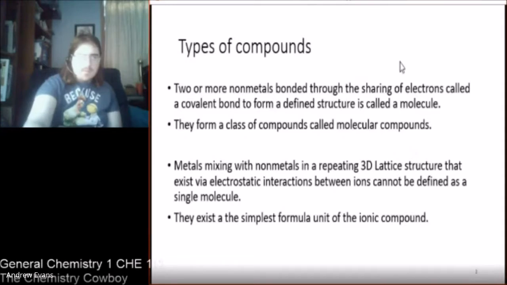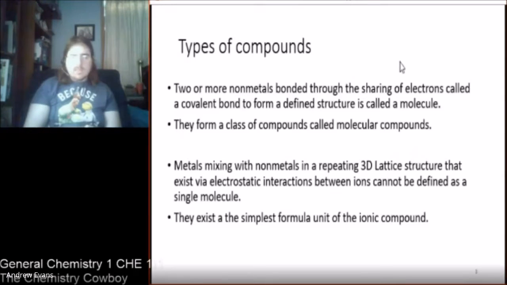We're going to break things down into two different classes of compounds based on what is combined together. We're going to go back to our periodic table and ask, what is a nonmetal and what is a metal? Depending on how these are mixed together determines how we're going to name it. If we have two or more nonmetals together, it's called a molecular compound.